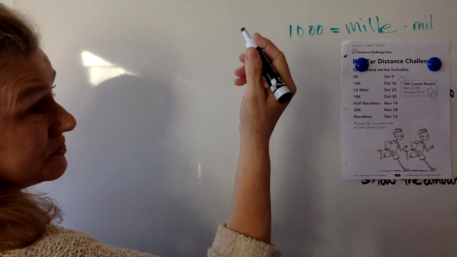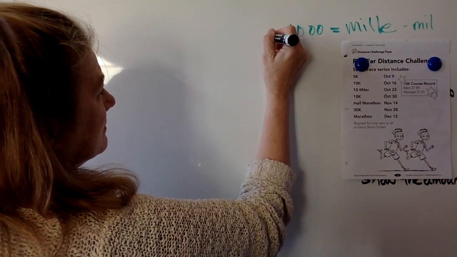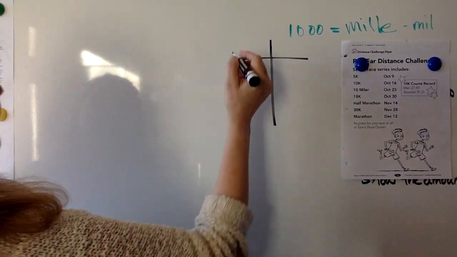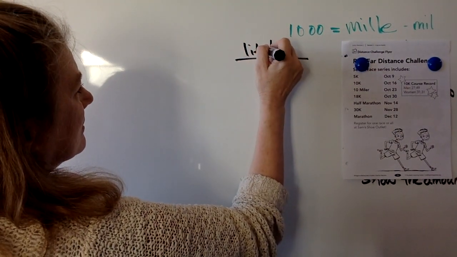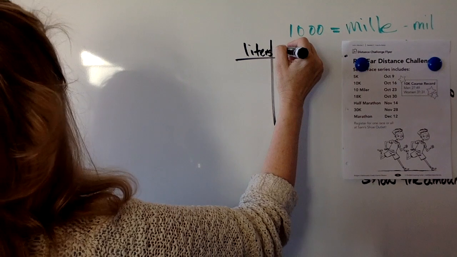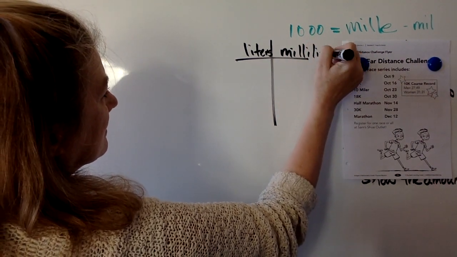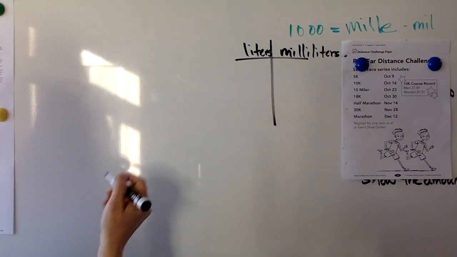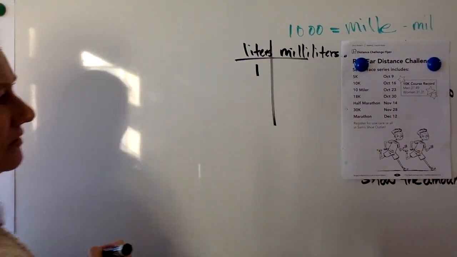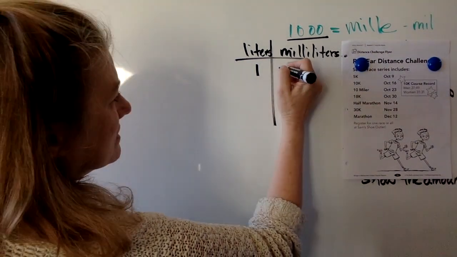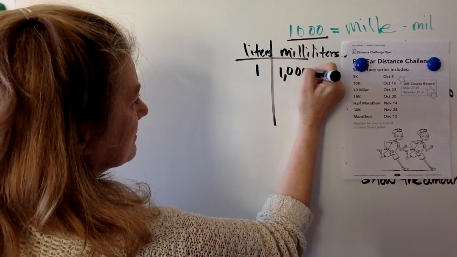So we'll use a ratio table because I love ratio tables. So we have liters and milliliters. If I have 1 liter, we already talked about this, I have 1,000 milliliters.